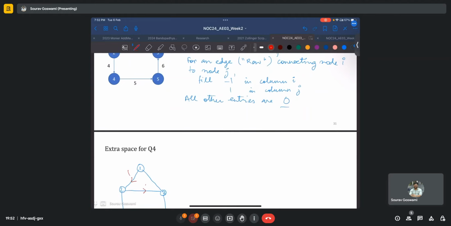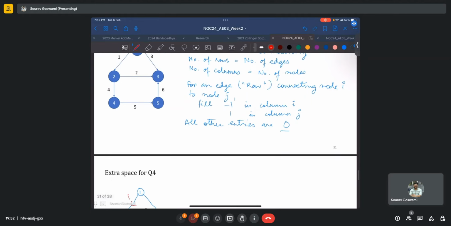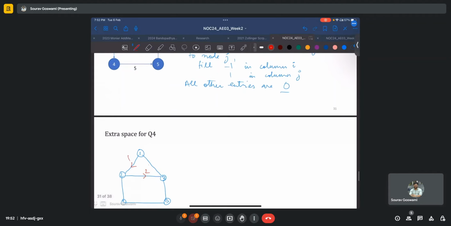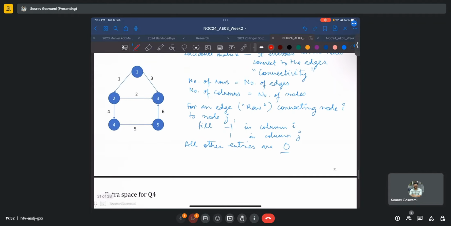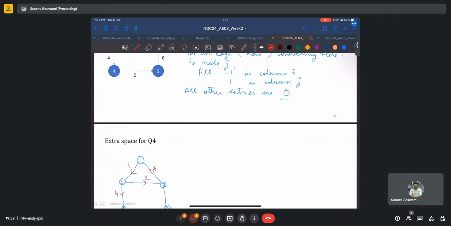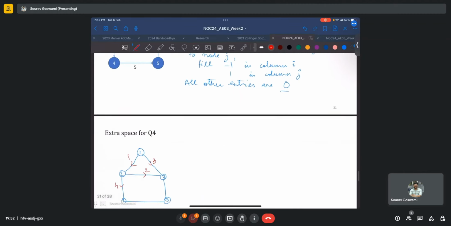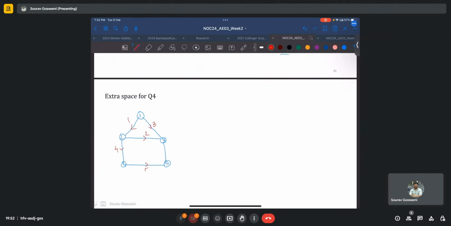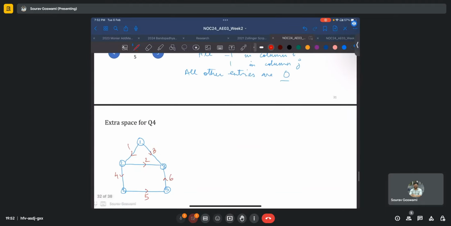This is edge 2. This is 3, 4, 5, and 6. Directions are important because, of course, they'll dictate the sign, whether it's a +1 or a -1.